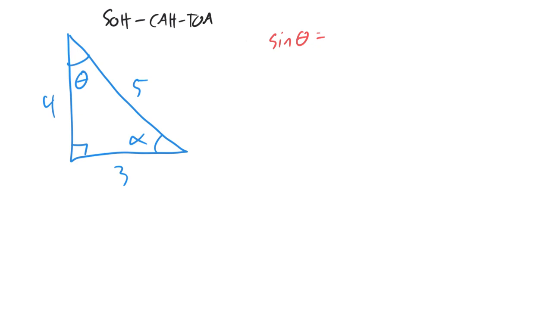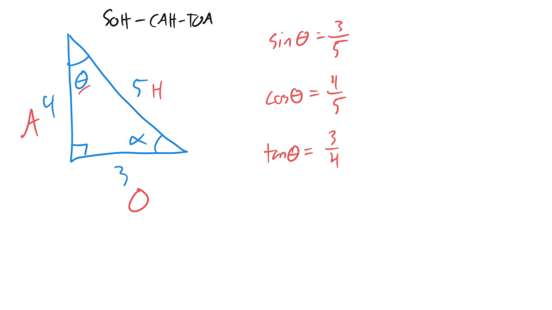Sine is opposite over hypotenuse. So if we're looking here, this would be our opposite. This is our adjacent. This is our hypotenuse. So sine of theta would be 3 over 5. Cosine of theta, which is adjacent over hypotenuse, is 4 over 5. And then tangent of theta is 3 over 4.